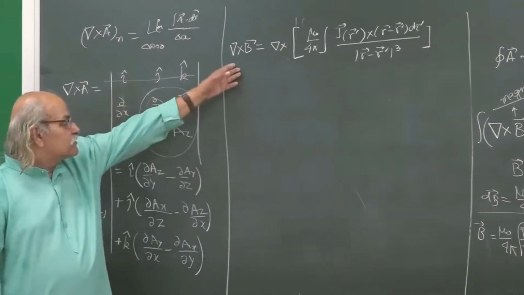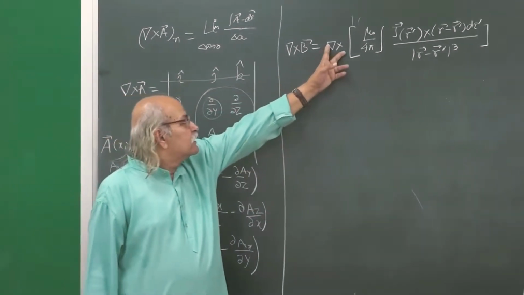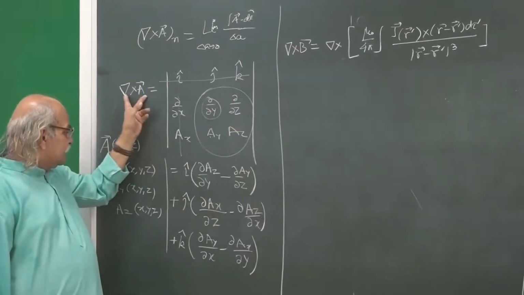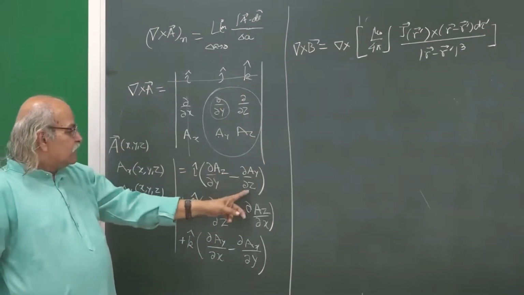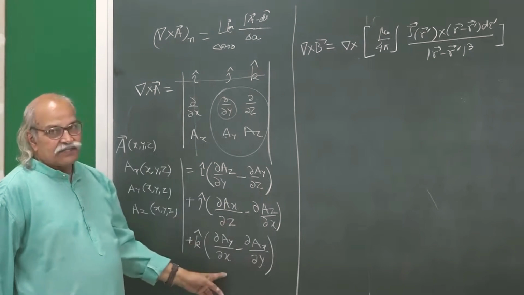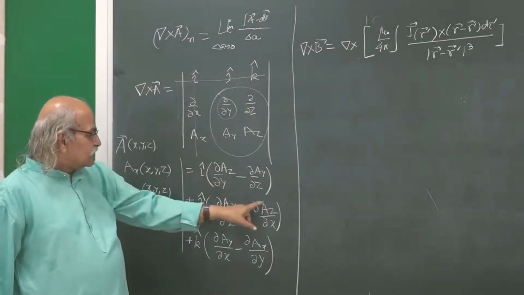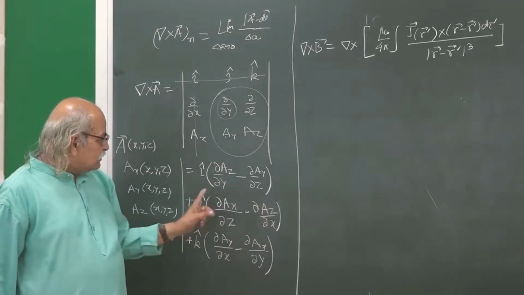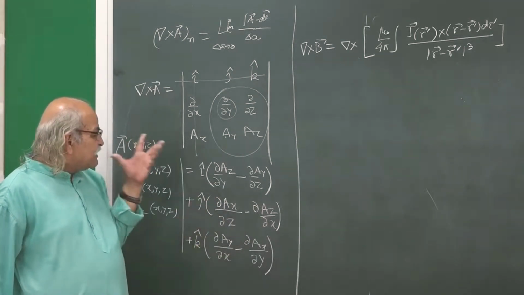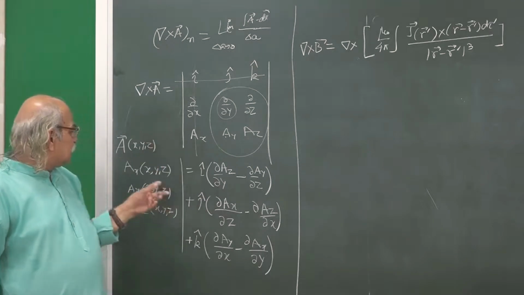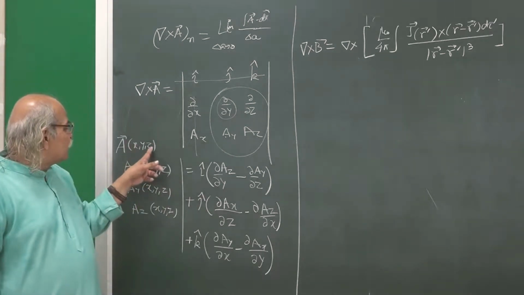Now, come back here. This curl is essentially differentiations, lots of differentiations. For evaluating the curl, you need all these differentiations, and when you do this differentiation, what is changing? The space point at x, y, z.